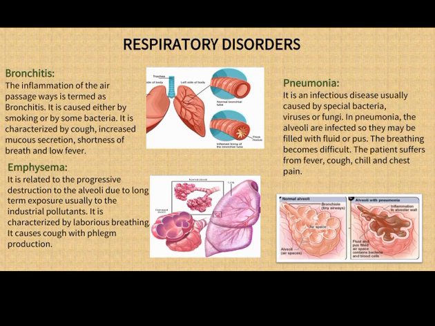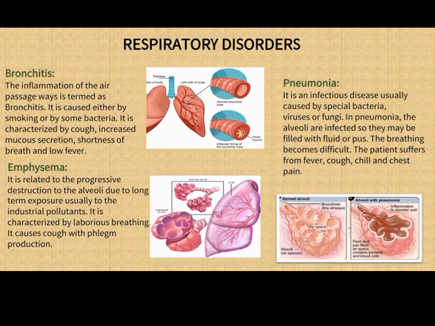Emphysema is related to progressive destruction of the alveoli due to long-term exposure, usually to industrial pollutants. It is characterized by laborious breathing and causes cough with phlegm production. In the diagram, you can see that this destruction is basically the enlargement of your alveoli.